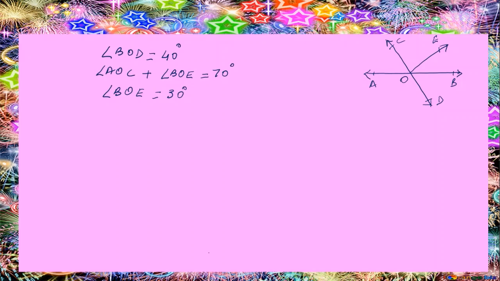Now you can say angle AOC plus angle COE plus angle BOE equals 180 degrees. That is, AOB is a straight line and the angles are formed on the straight line, so it will be 180 degrees.